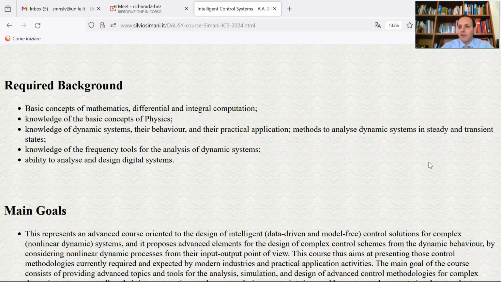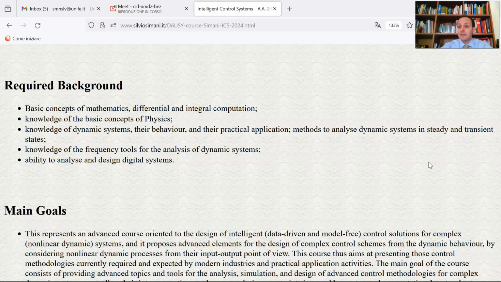And then, of course, some basics of frequency tools for the analysis of dynamic systems, especially for the starting part which concerns the identification of dynamic systems. And of course, the last point is the ability to analyze and design digital systems.